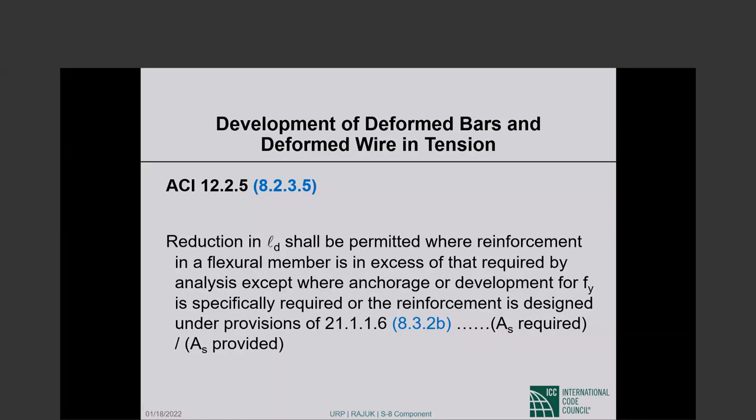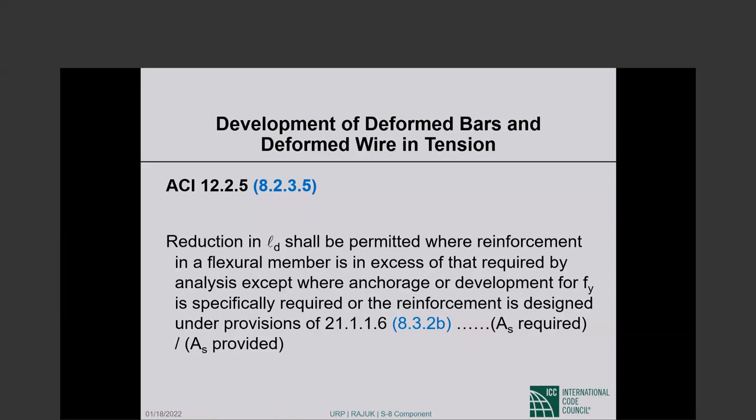Okay? So if you have provided more reinforcement than required by analysis, you can reduce the required development length by the factor between the required reinforcement and the provided reinforcement. Now, that seems simple enough. I said it leads to confusion because there are cases where you cannot take this reduction.